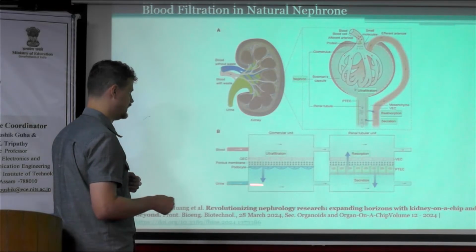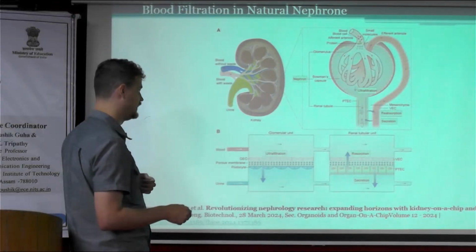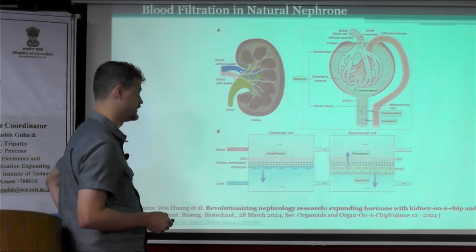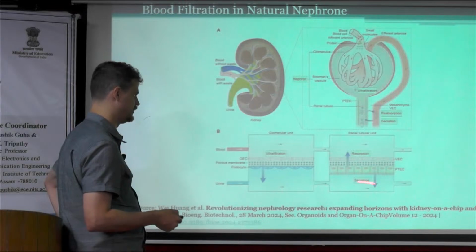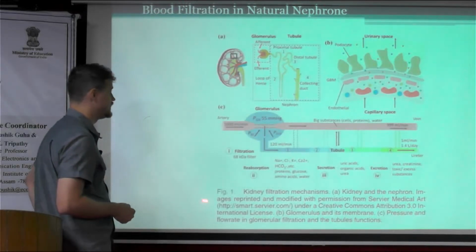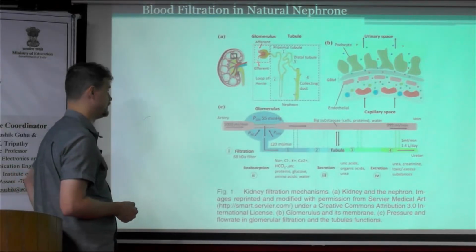It goes to the proximal convoluted tubule, then to the Henle loop, where we observe the reabsorption of nutrients and water, and then the final product goes through secretion and is removed through the bladder. That's the breakup of the blood filtration in the natural nephron.